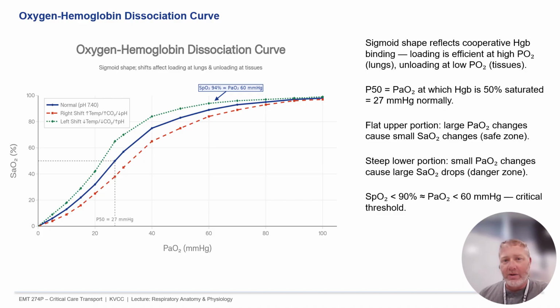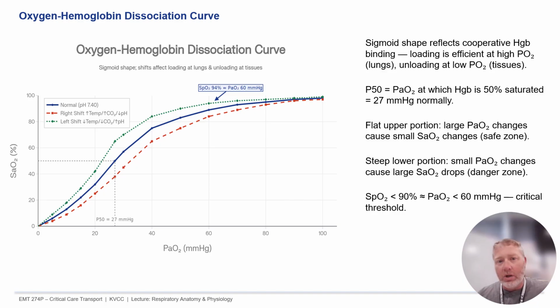As each molecule of oxygen binds to a hemoglobin subunit, it slightly changes the shape of the molecule and makes the remaining subunits bind oxygen more easily. This is why the upper portion of the curve is flat. In the lungs, where the PaO2 is high, hemoglobin loads oxygen efficiently, even with modest drops in PaO2.